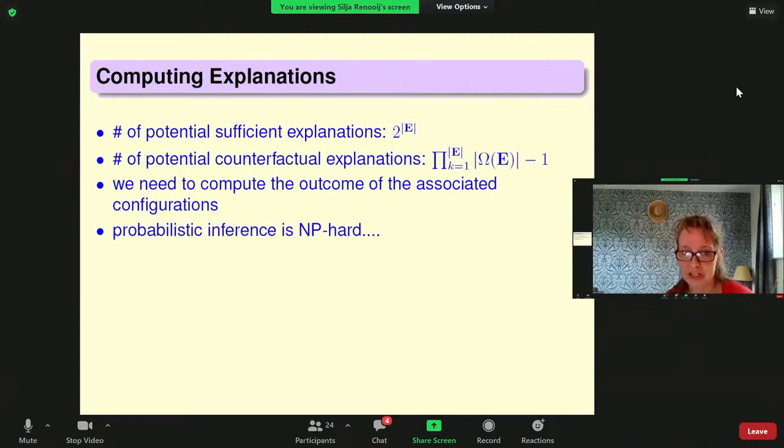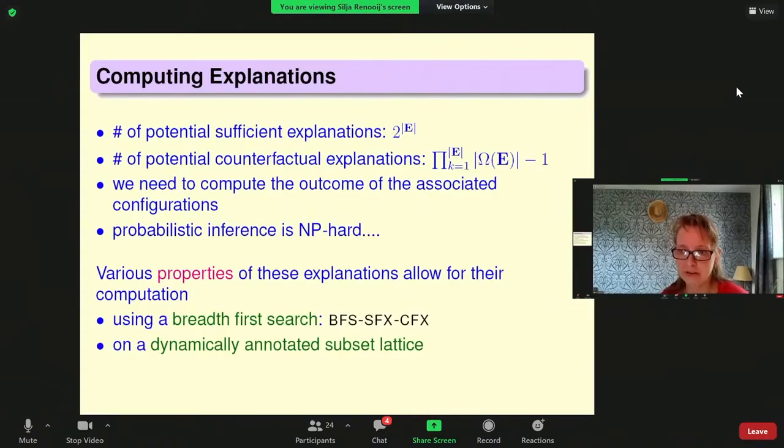The number of potential counterfactual explanations can even be somewhat larger because we have to take into account all possible other values of the variables that are observed. And to determine whether they result in an outcome T or an outcome T prime, we need to do probabilistic inference to determine what their outcome is, and probabilistic inference is NP-hard. So we need to find a way to cope with that.